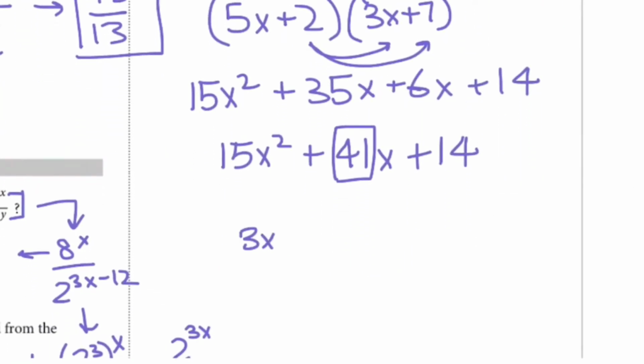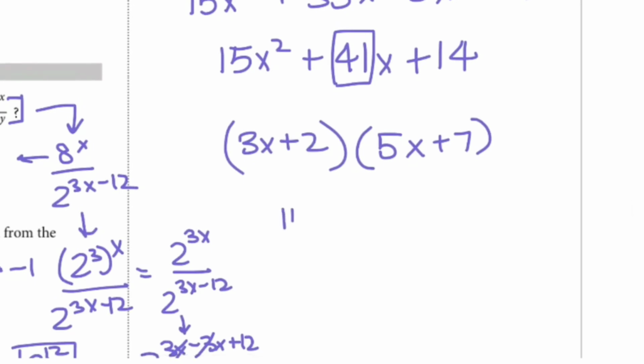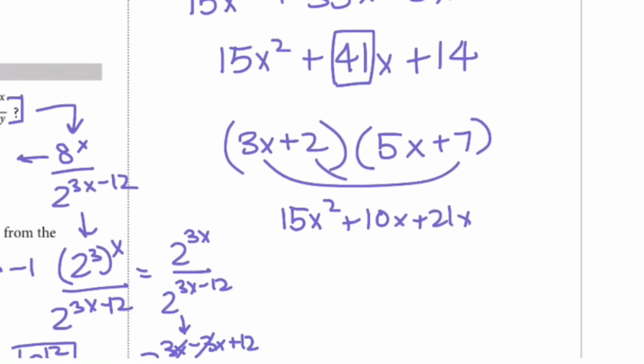But if a is 3, so 3x plus 2, and b is 5, so 5x plus 7, my product ends up being 15x squared plus 10x, because I'm multiplying the 2 and 5x, and then I multiply the 7 and 3x, so I get plus 21x, and then I multiply the 2 and the 7 to get plus 14.